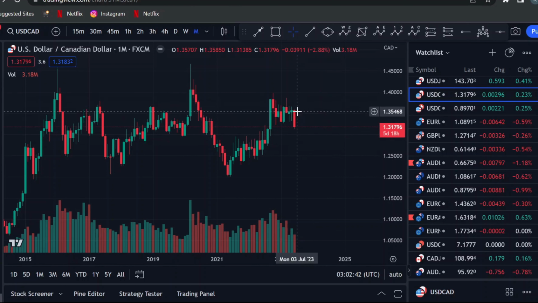But as you can see in the commitment of traders, the non-commercial traders are not buying the CAD. In fact, they are selling the CAD. And they have been selling the CAD for the whole of the year. So what we are most likely to see here is a weak close. By the close of the monthly candle, most probably, you're going to see price go back up and leave a deep lower wick.